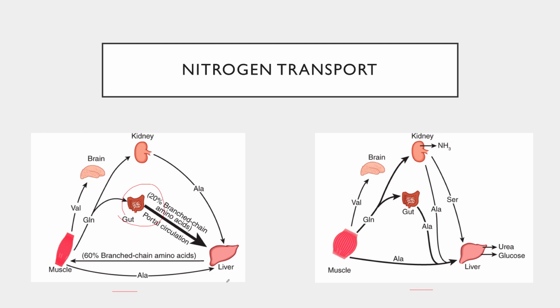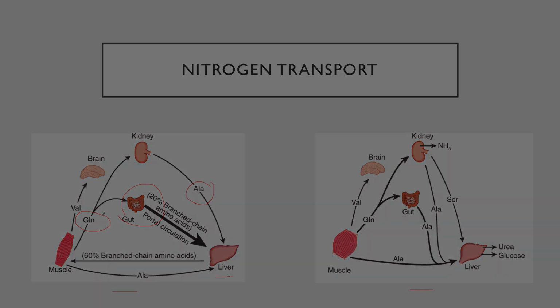Given that the major site of nitrogen disposal is the liver, a mechanism for transport of excess amino acid nitrogen from our peripheral tissues to the liver is in place. Again, both alanine and glutamine play key roles in this transport as the major non-toxic carriers.